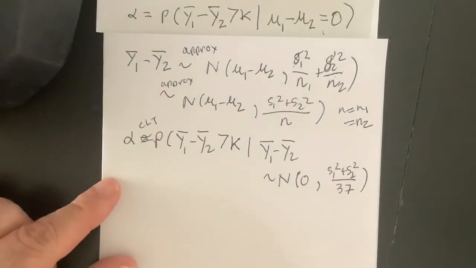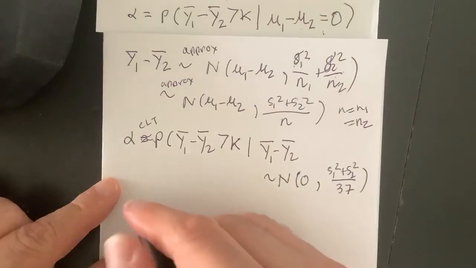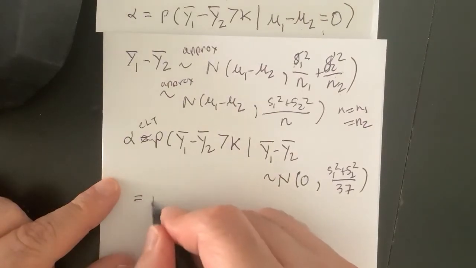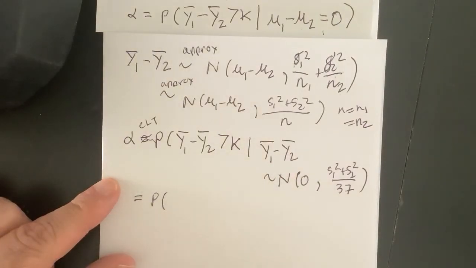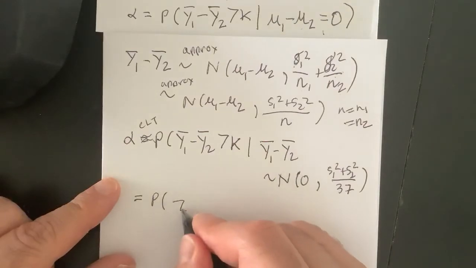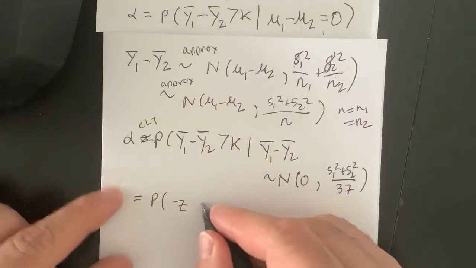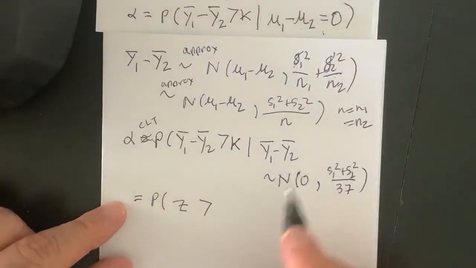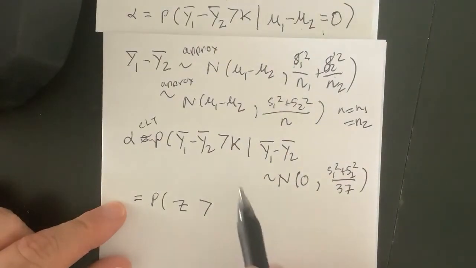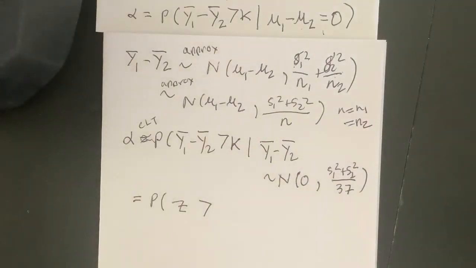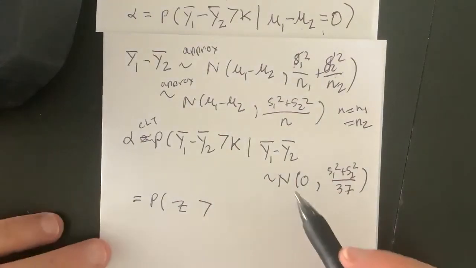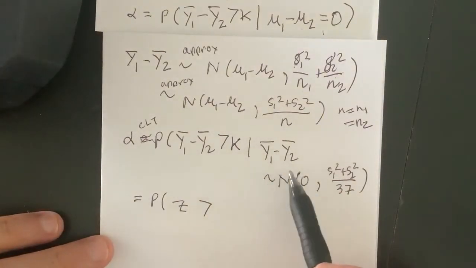Okay, so this, though, is equal to the probability that z is greater than, okay, I subtract off 0 from k. So I don't subtract anything off here, right?